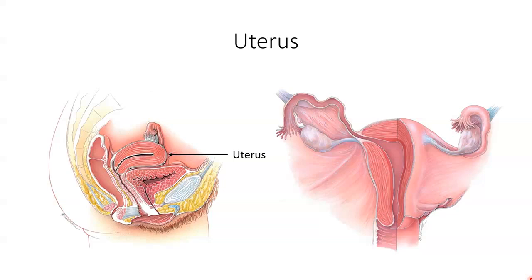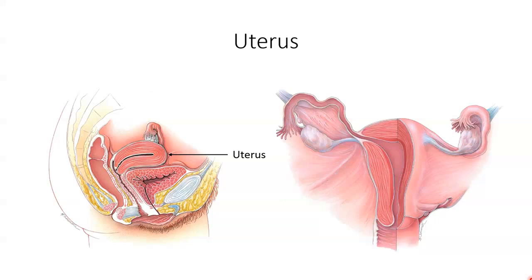The uterus is located between the urinary bladder and the rectum, and it's the size and shape of an upside down pear. Now, in females who have never been pregnant, it's about 7.5 centimetres long, 5 centimetres wide, and 2.5 centimetres thick.